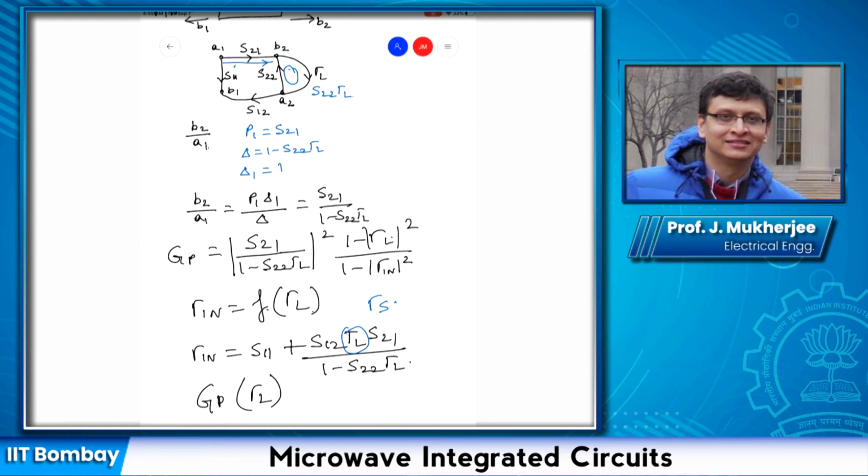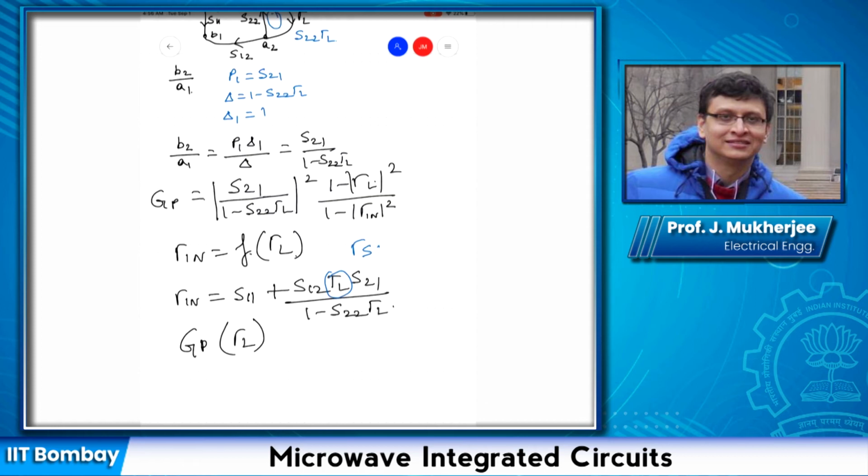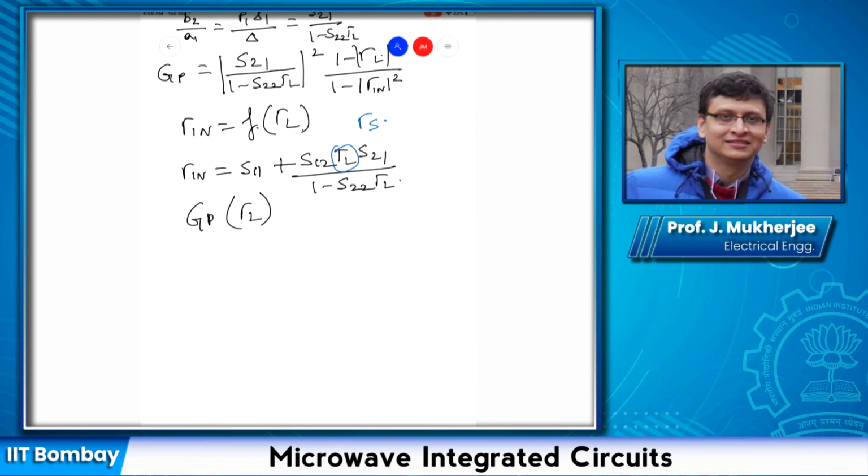So initially one thing I didn't describe, which I should have at the beginning, is why do we introduce the input matching network?